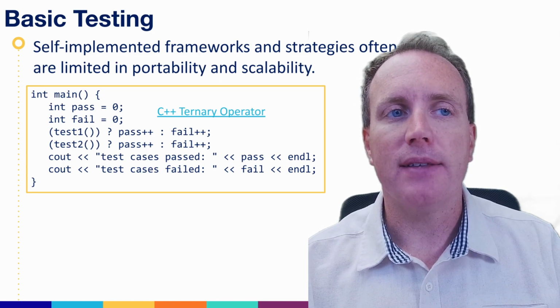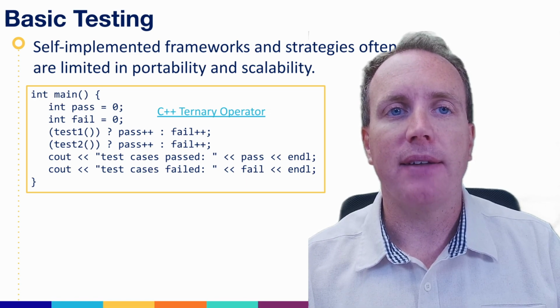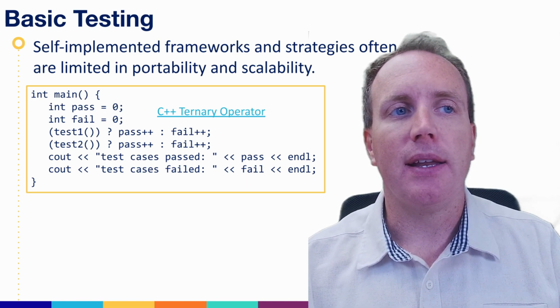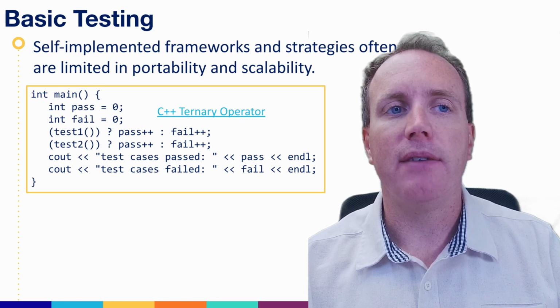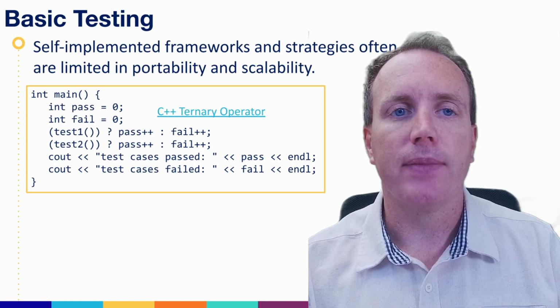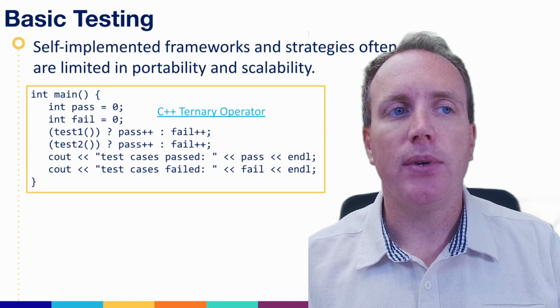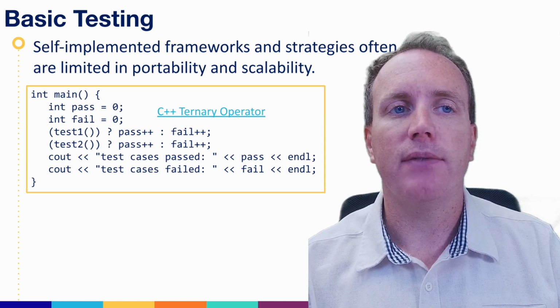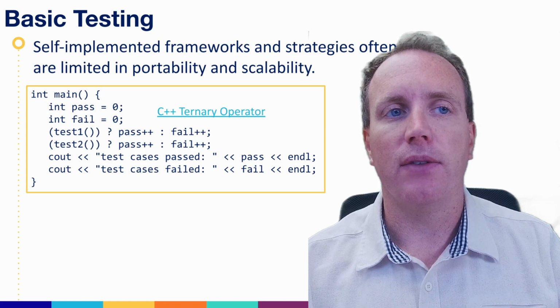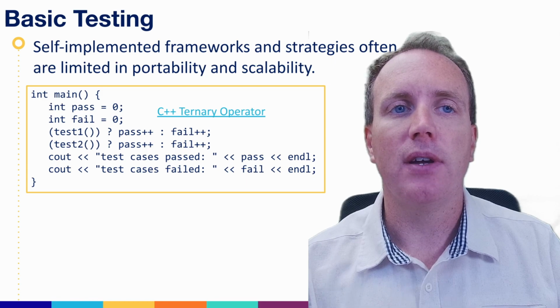So our own tests, our own Boolean functions, all set up in a main, and then we call our individual tests, and then we somehow report all of that data. Here is an example main that uses simple test1, test2 predicate function calls, and then reports just a pass-fail rate. That doesn't give us much information about which tests passed or failed, but that is a basic testing setup.